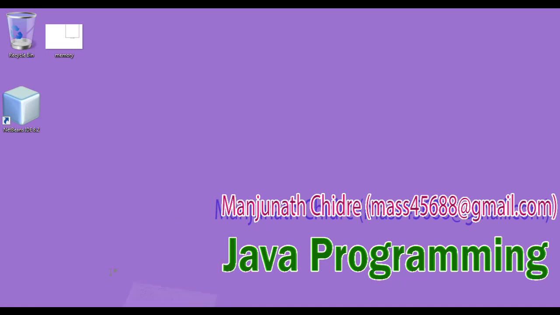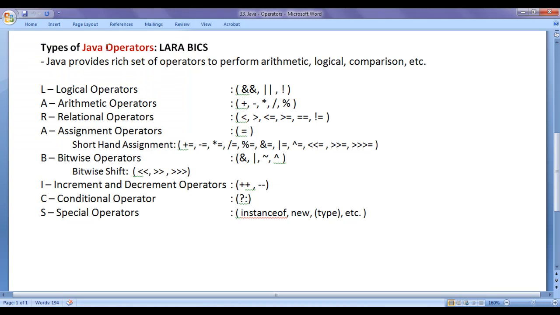From the past few video tutorials, we are trying to understand operators in Java. We know that Java provides a rich set of operators to perform arithmetic operations, logical operations, comparison operations, etc. I told you that we can very easily remember all types of Java operators by remembering this shortcut Lara-Bix.